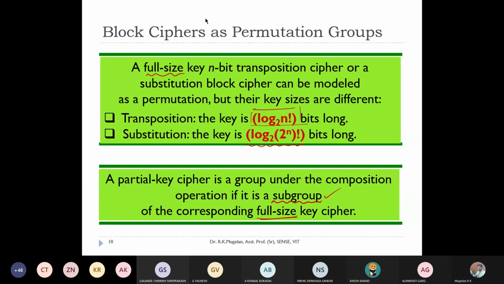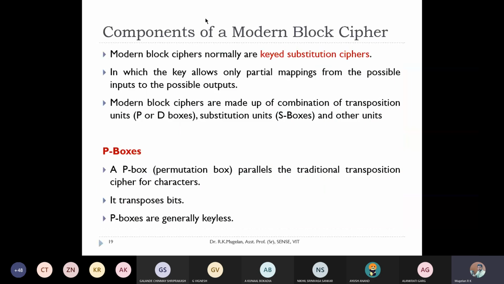Okay. Now we move on to another important topic in this module, that is components of modern block ciphers. I want everyone to listen to this very carefully. If you understand these components, then you can follow the algorithms of AES and DES. Modern-day block ciphers go for a keyed substitution cipher.